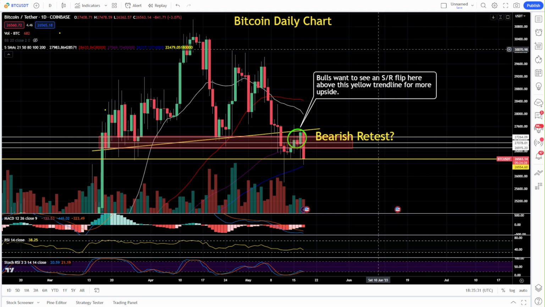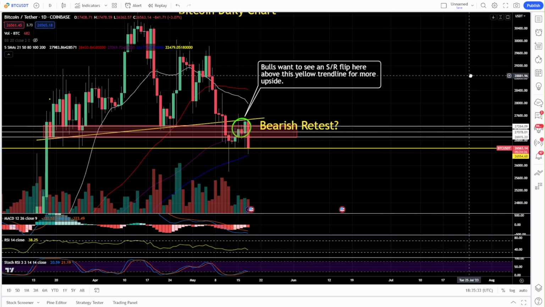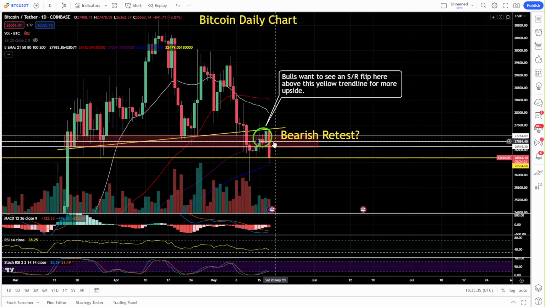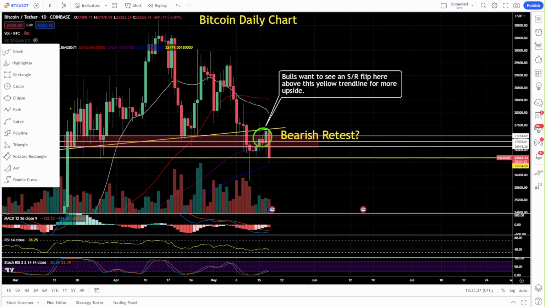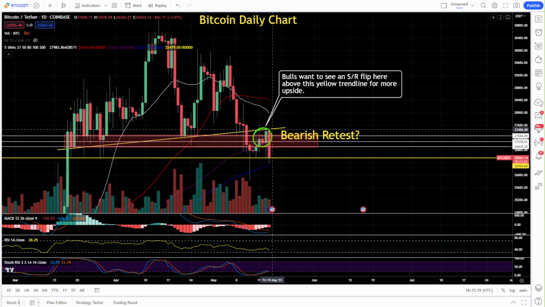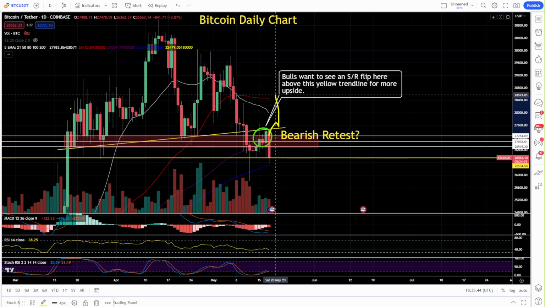Just as an example, let's just say plan A is you get a breakout and bullish retest with volume. That's where you load major longs, because it's not supposed to happen.